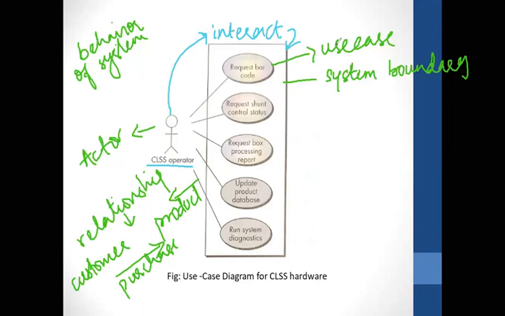The different tasks that he's going to perform is, he's going to request the barcode, then request shunt control status, that is how your items are going to be sorted. Then the processing report, that is the total amount. Then update the product database, that is if any items you need to add or remove, that is going to be updated and it is going to reflect within your total balance. Then run system diagnostic, this is for the maintenance of the software.